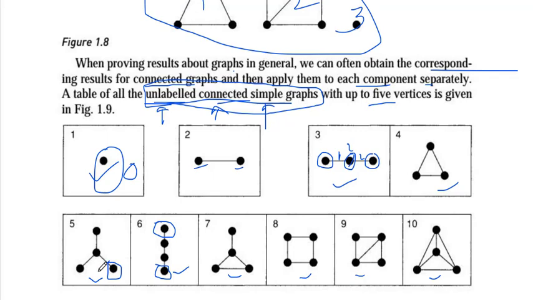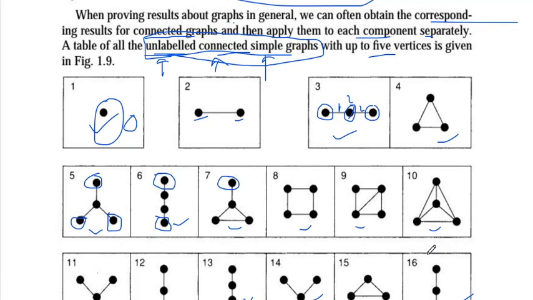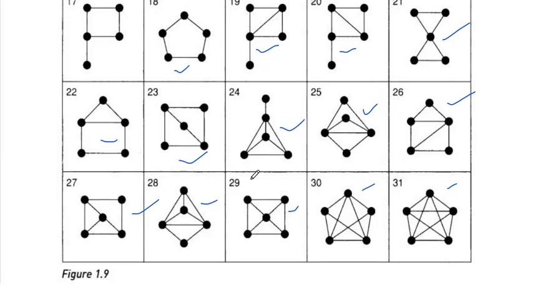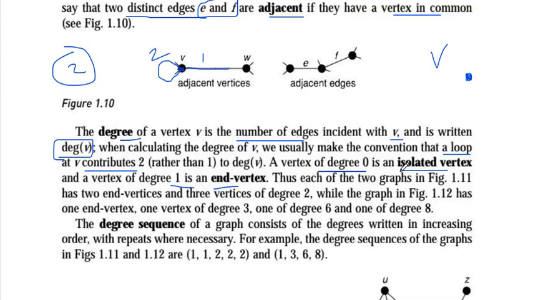This one is also an end vertex. So again we have studied two new definitions: isolated vertex and end vertex.